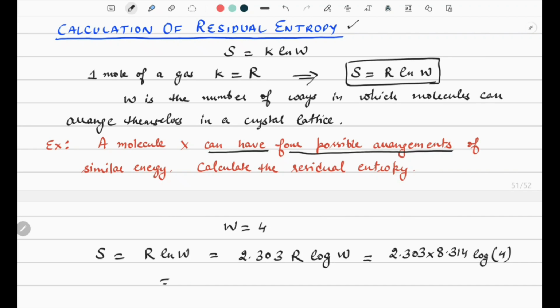So, what we get is 2.303 into 8.314 into 0.6021, which is the value for log 4. What we will get is 11.52 joule per Kelvin. This is the value of residual entropy.